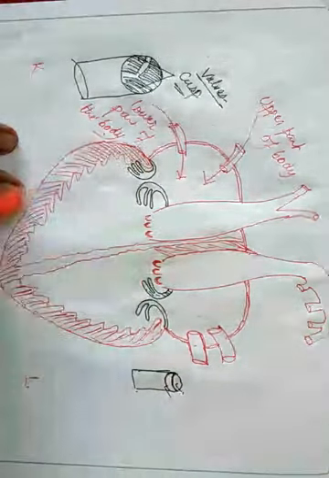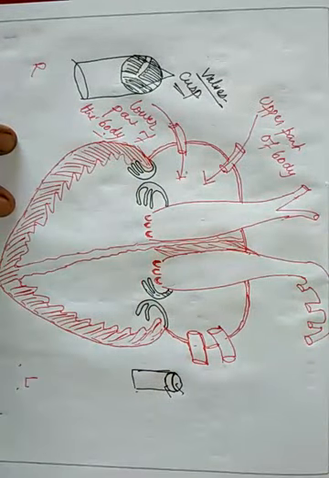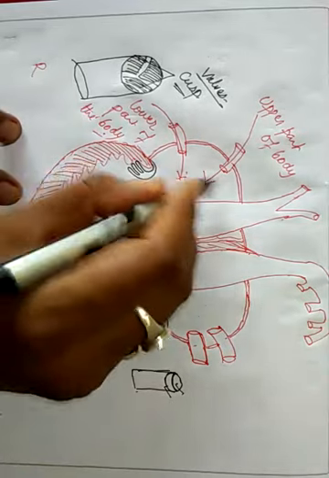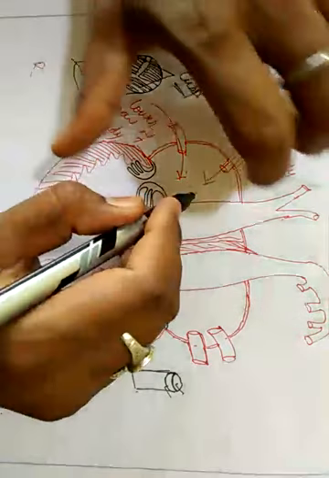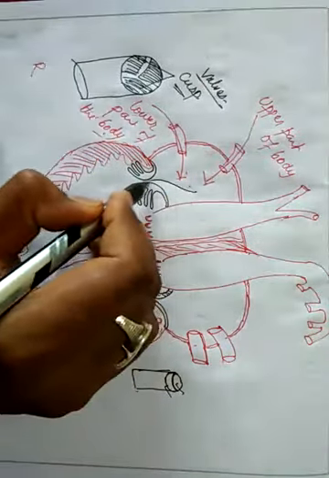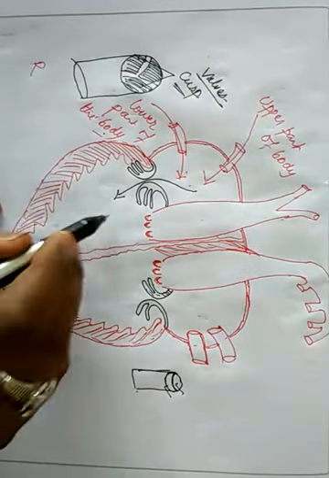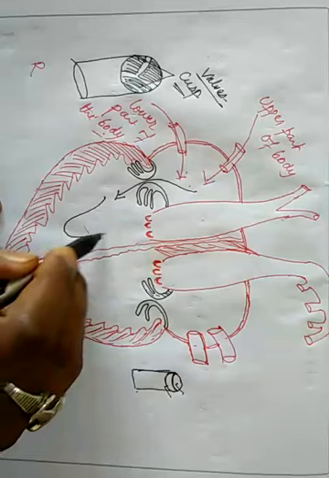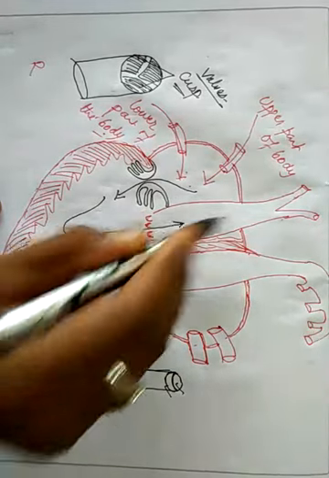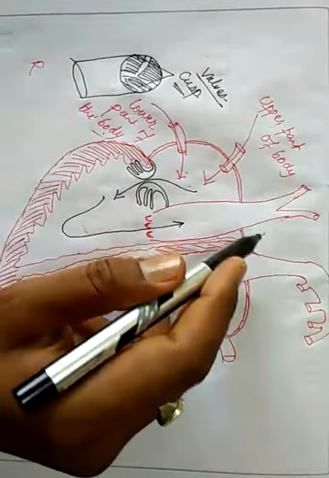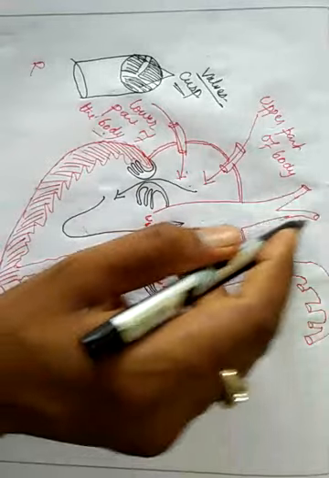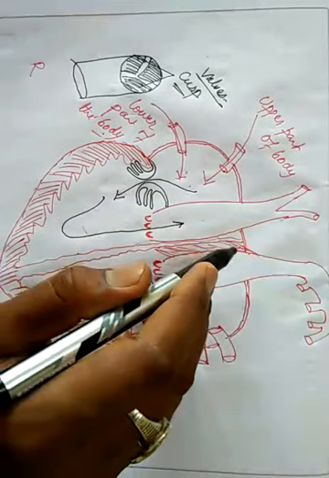Then blood will come here, and then it will fill in this auricle, and when the auricle contracts, then blood will come through this valve into this ventricle. This ventricle will fill, and after that this ventricle will contract, and then blood will move through these blood vessels out from the heart.